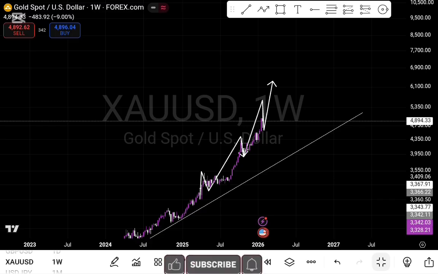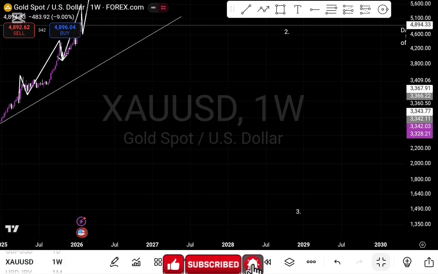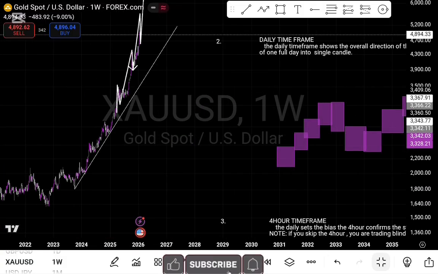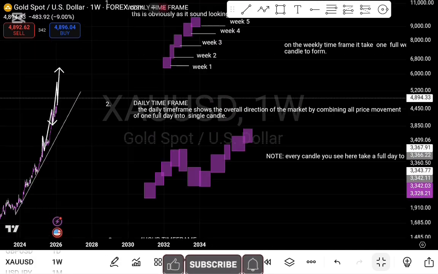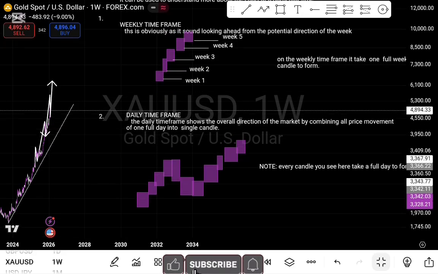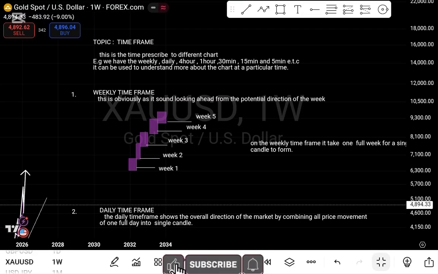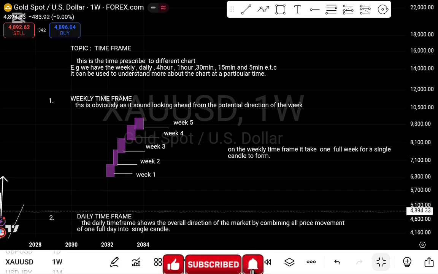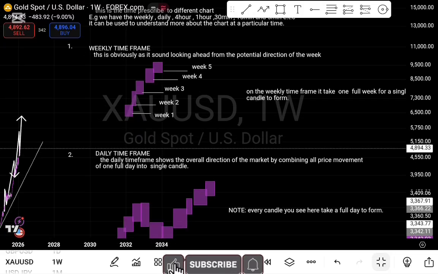You need to know the use of all the time frames in the market, because they are of different use. You need to know the use of all the time frames in the market and apply them properly on your charts to avoid unnecessary loss in the market. So guys, I would like for you to take note of all these things that I wrote down here, because you jotting them down and going through them later will help you a long way.